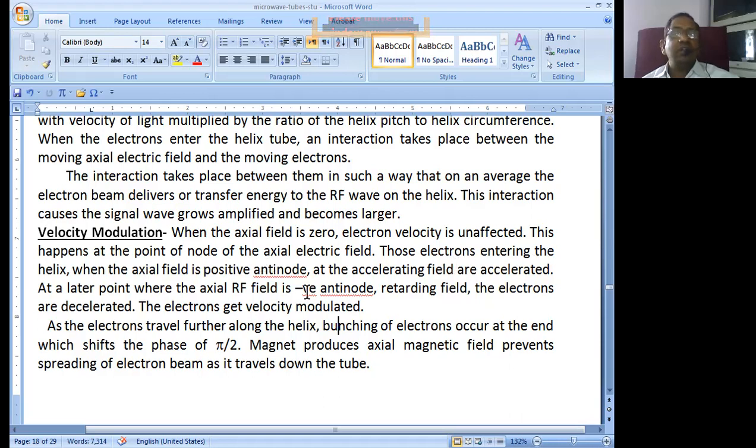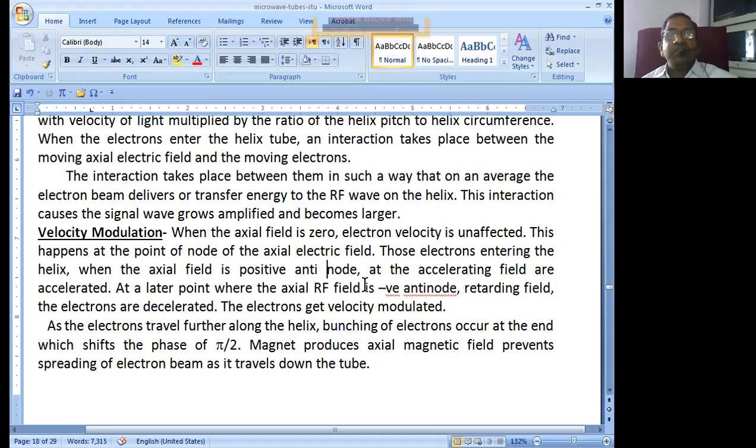For those electrons entering the helix at the positive antinode of the axial field, when the RF is positive, electrons are accelerated more. They attain more energy, and more energy is added to the RF field.